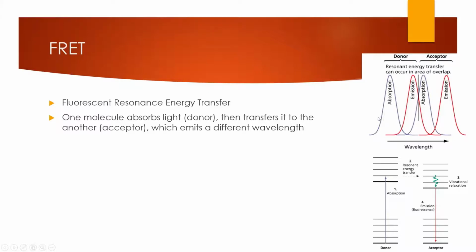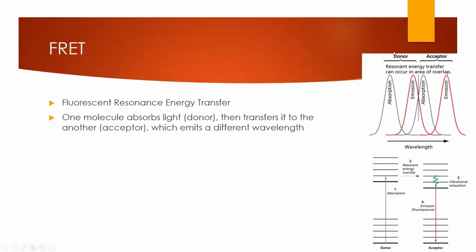The donor fluorescent molecule absorbs light, just like it always does in fluorescence. It loses a little bit of energy. Then instead of emitting various wavelengths of light, and we see these broad peaks, of course, because we have different vibrational and rotational states, instead of emitting that light, it passes it on to a second chromophore.